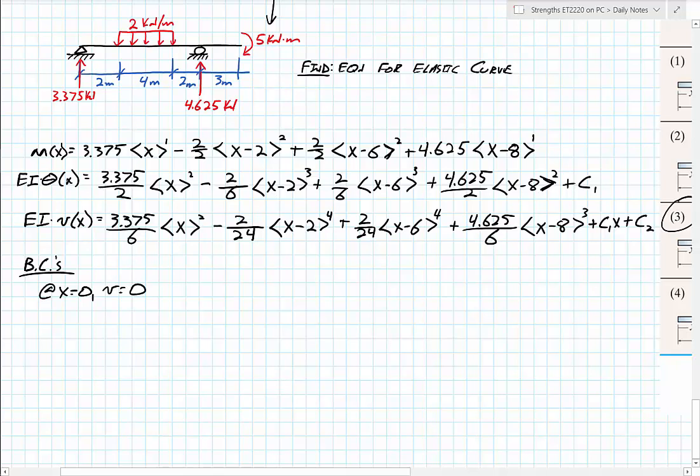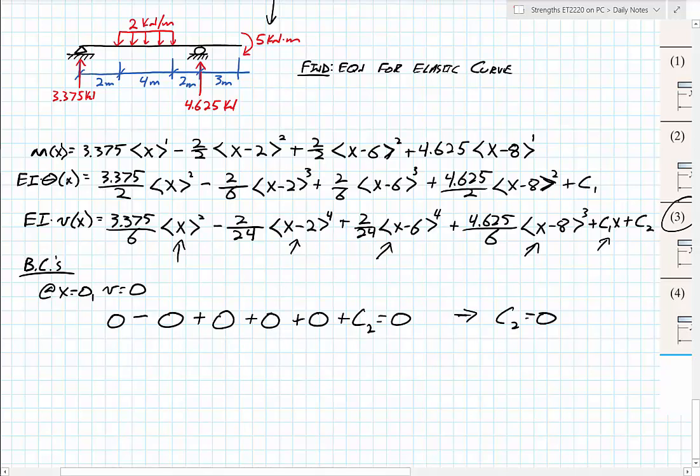Plugging in my zeros, the first term is 0, minus, and then 0 minus 2 would be negative, so that one's not on, so this is 0. Same idea with this one, 0, and that one, plus 0. And then I have plus C1 x, which is 0, plus C2, and the whole thing is equal to 0. So from that, I end up with C2 equal to 0.